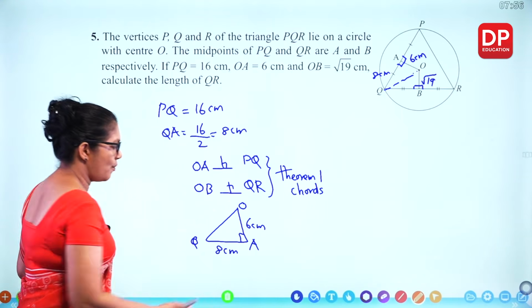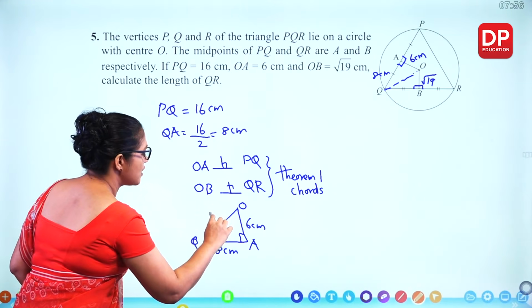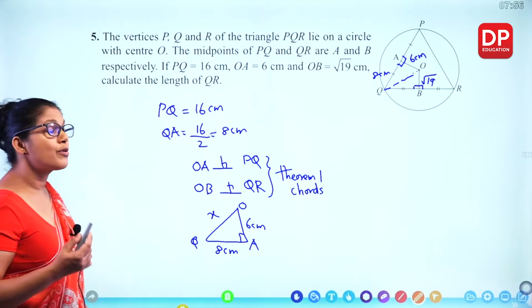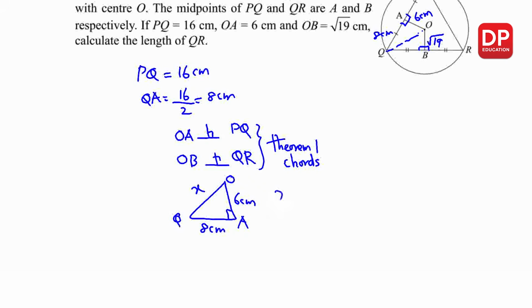Now we can find out the OQ length. So we'll put x here. So this is a right angle triangle and you can use Pythagoras theorem. So according to Pythagoras, we can say x squared is equal to 8 squared plus 6 squared.